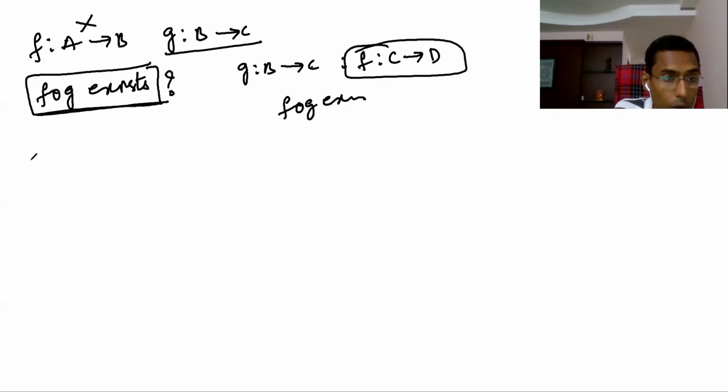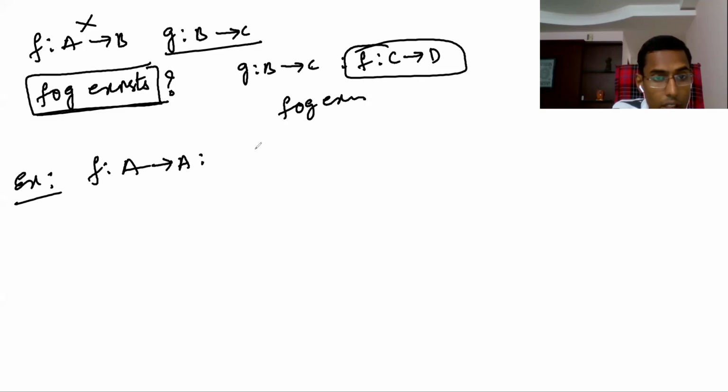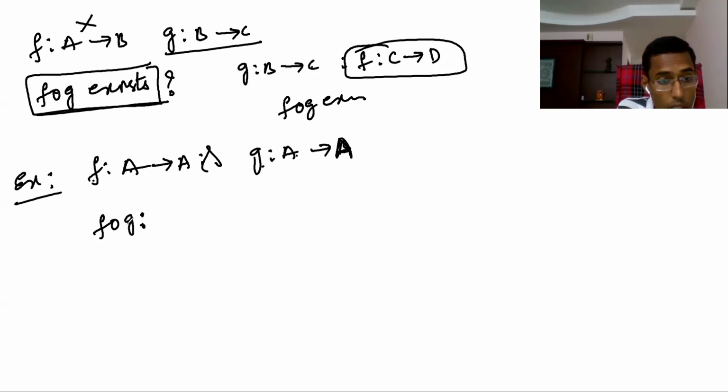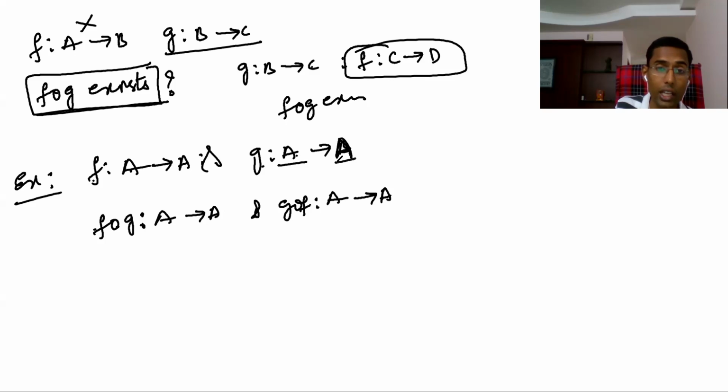Okay, now let's take the next example. Now f is a function from A to A and g is a function from A to A. In this case, f circle g exists. f circle g is a function from A to A, and also g circle f is a function from A to A. Both exist in this case because it is A to A again.